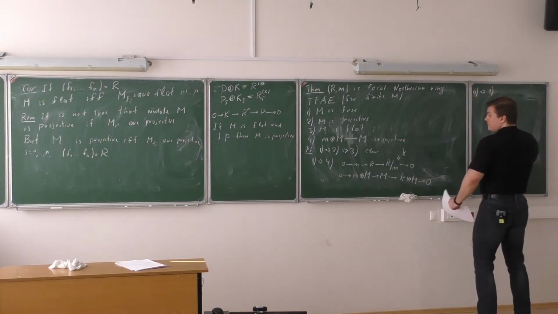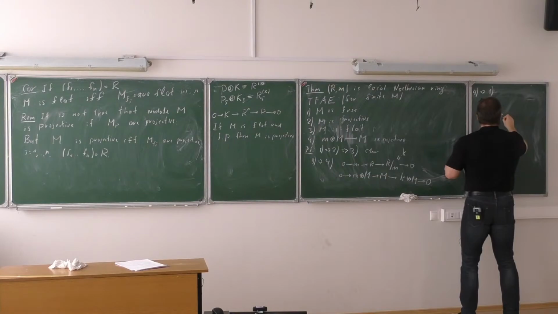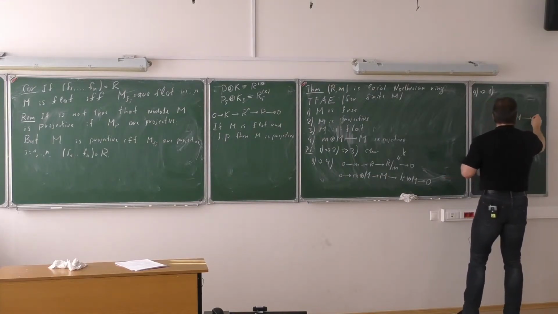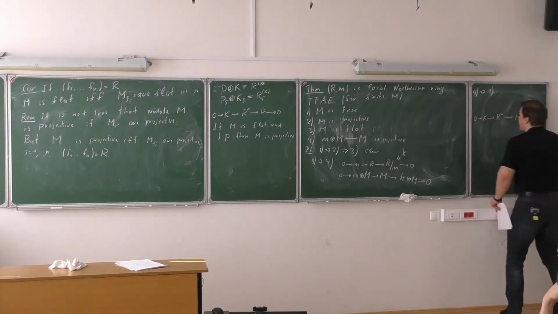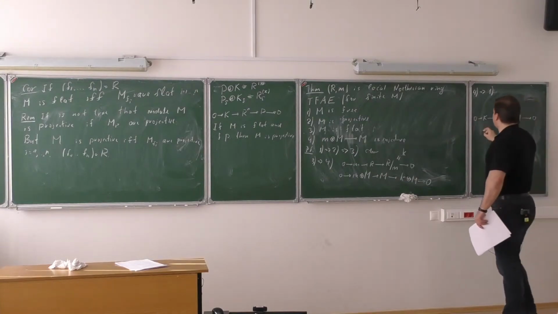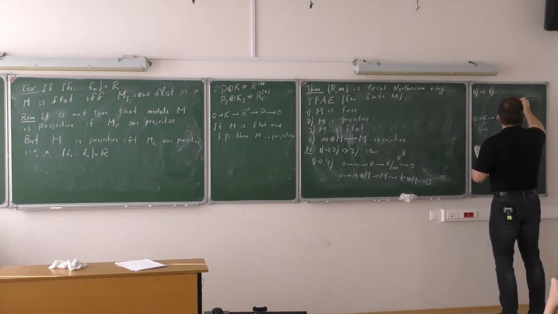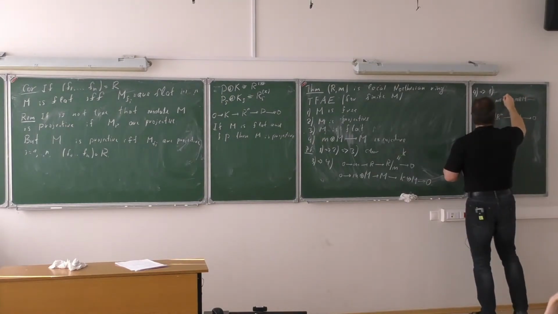Okay, we know that the module is finite. So we can take R to the n, take a surjective map to the module, and then it has some kernel K. I claim that the kernel K is also finite. This is because I assume that the ring is Noetherian. So K is finite. Okay. Now let's take a tensor product with the maximal ideal of the short exact sequence.